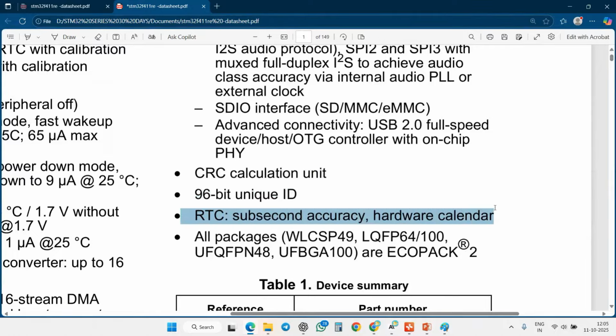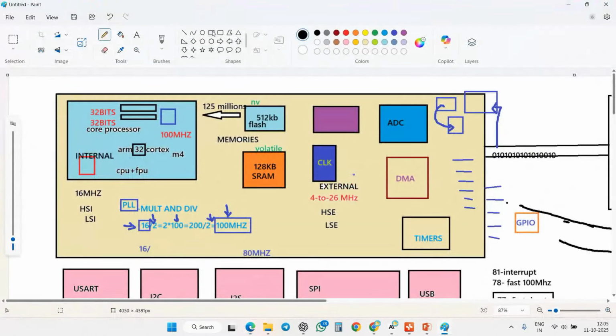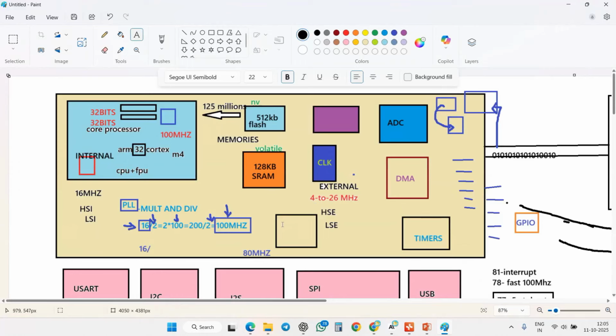And then you have the RTC, so you have a hardware clock. You can configure in your microcontroller what the time is now. For example, the time is 11:12:5, and we can also get the seconds, 35 seconds.